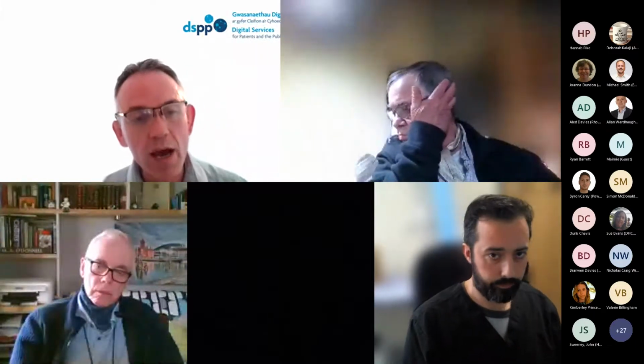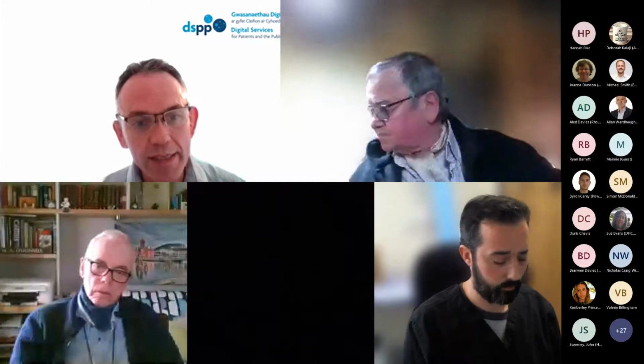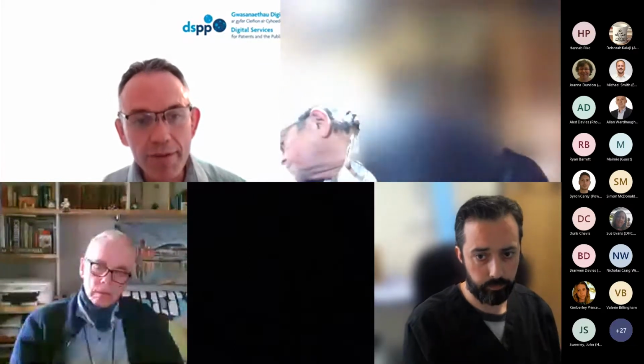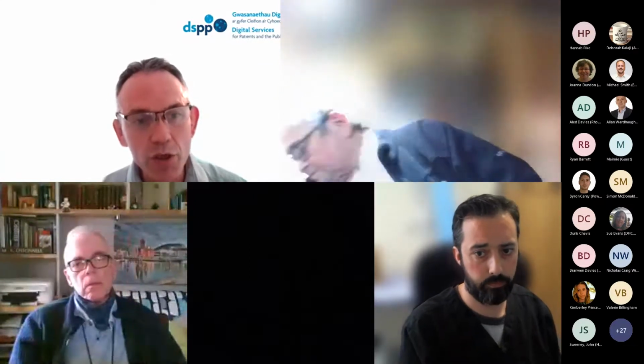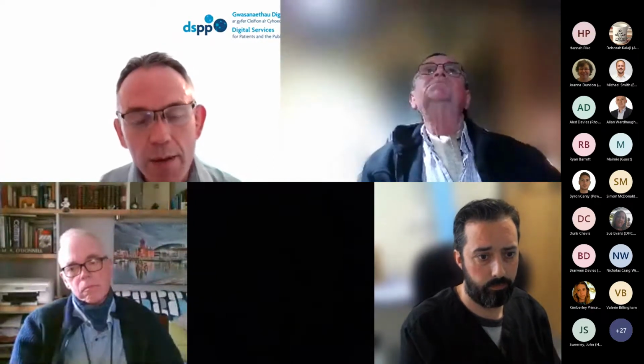So our approach will be iterative, working with practices on an individual basis to ensure that they've got everything they need across these three areas of functionality which we've described. But there are clearly a great number of people with experience in this sphere, and so we'll be looking to engage with them. We're already well connected, but we'll be looking to work with those who are most willing to work with us.